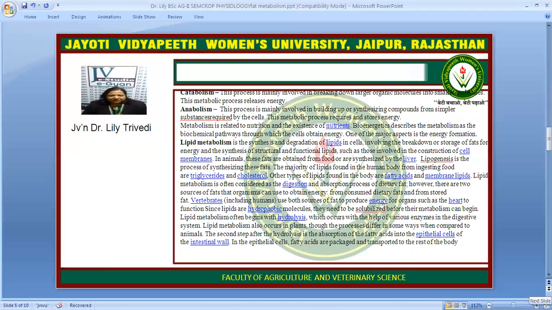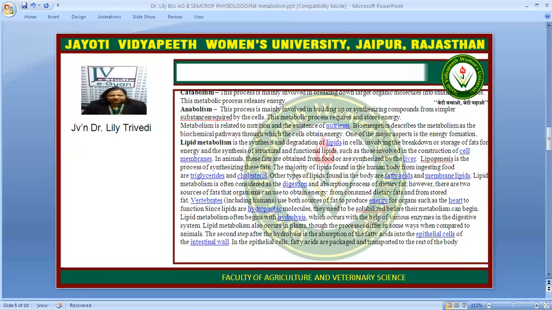Now, what is catabolism? This is involved in breaking down larger molecules into smaller molecules. This metabolic process releases energy. Now, what is anabolism? This process is involved in building up or synthesizing compounds from simpler substances required by the cell.